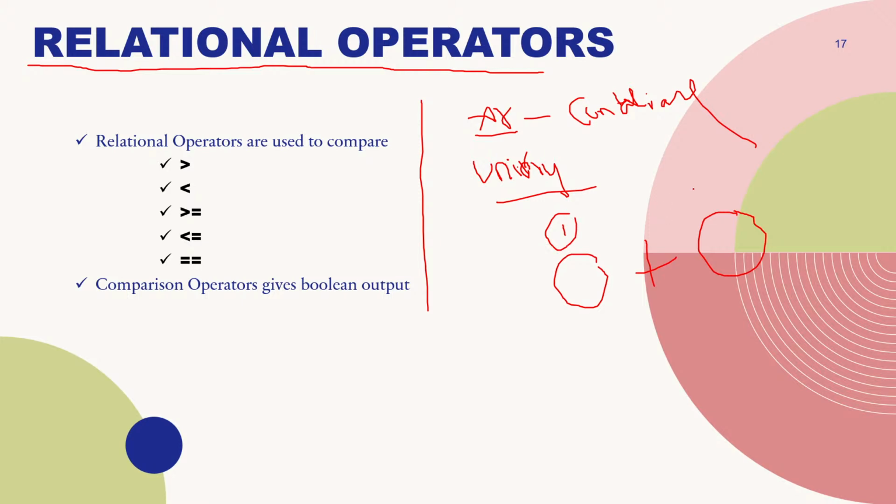Input 1, input 2. The operator which will accept two operands is called a binary operator, right? In binary operators, the relational operator is also a type of binary operator, guys.